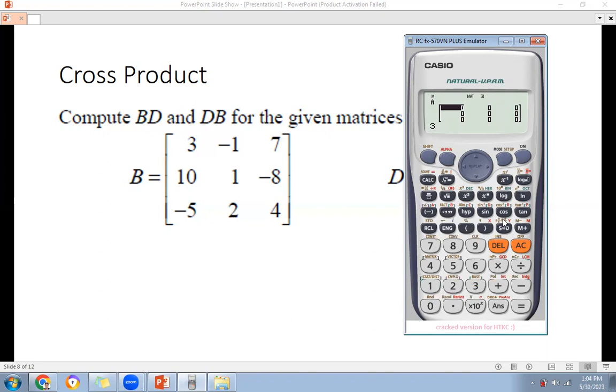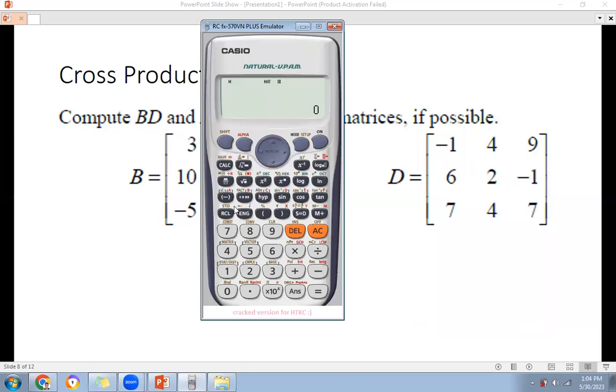We input the values. That is for matrix A. Next is for matrix D, which we set as matrix B. It's also 3 by 3.